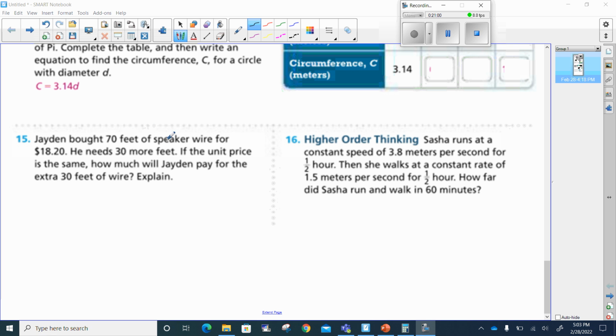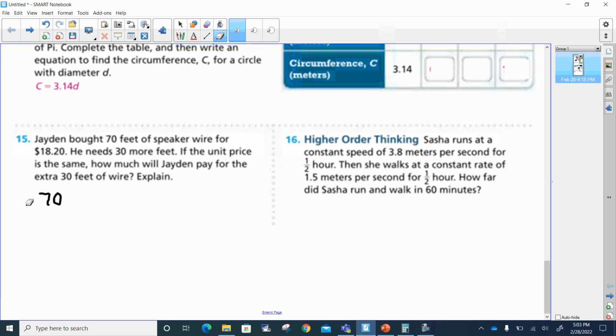Jaden bought 70 feet of speaker wire for $18.20. He needs 30 feet more. If the unit price is the same, how much will he pay for the 30 feet? Again, we're going to take the money first.